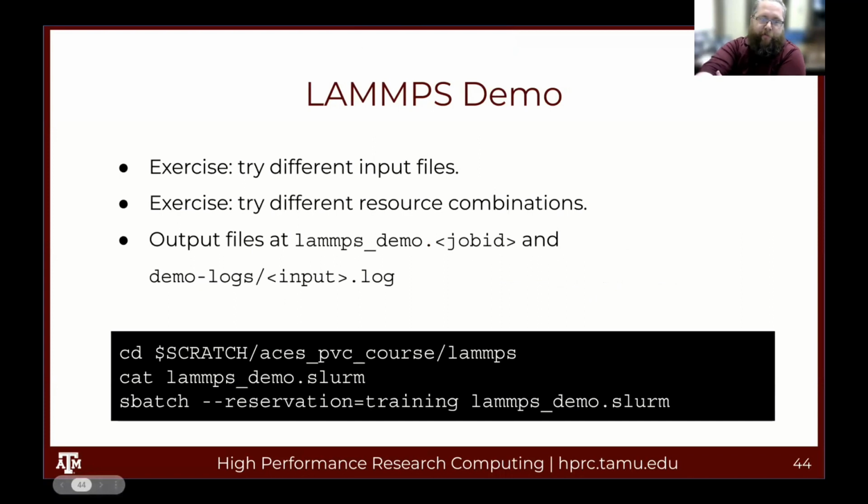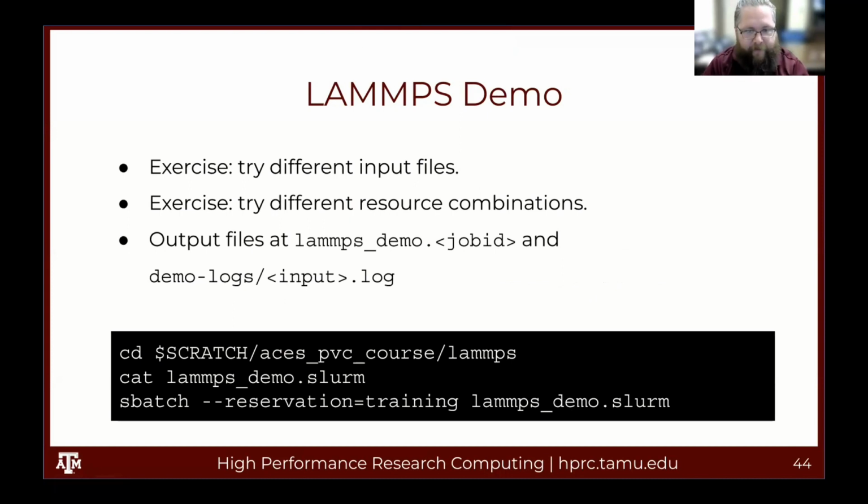Okay, so I have provided a demo Slurm batch file, which probably should be in the directory that you already copied. Earlier we made a copy of the ACES PVC course, and one of the three directories in it is named lammps.